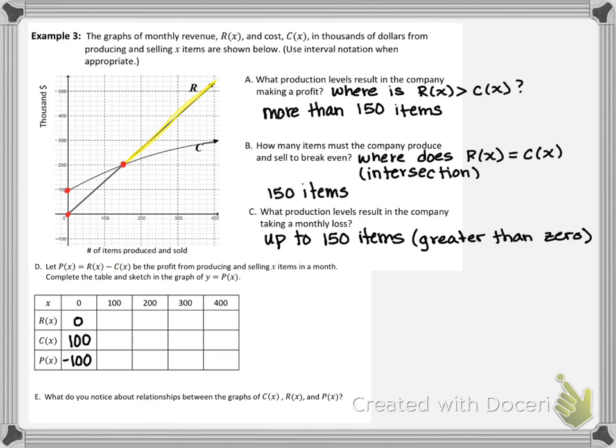So go ahead and do the same thing for production levels of 100, 200, 300, and 400.